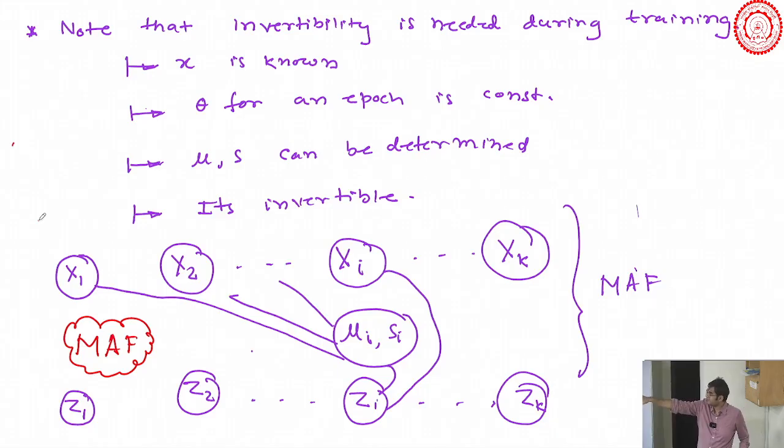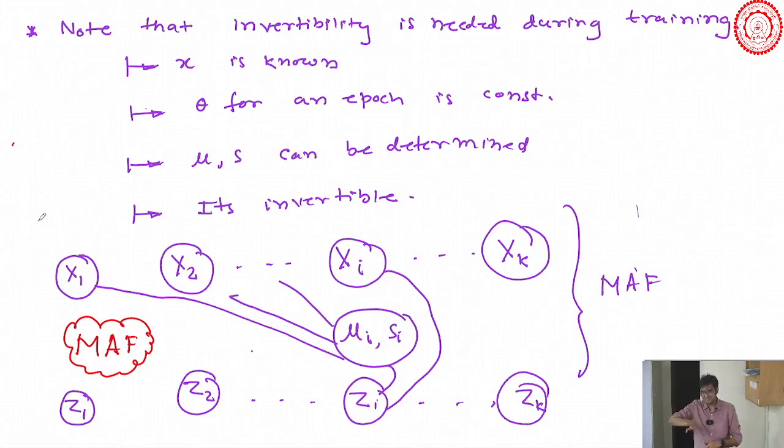The only difference is that mu and s are functions of z's now, and you find out x as a function of z. So that means you will first sample z, all the z's together. For all the z's, you will find out mu and s, and using that mu and s, you can in one go sample x. Right? So it becomes easy.